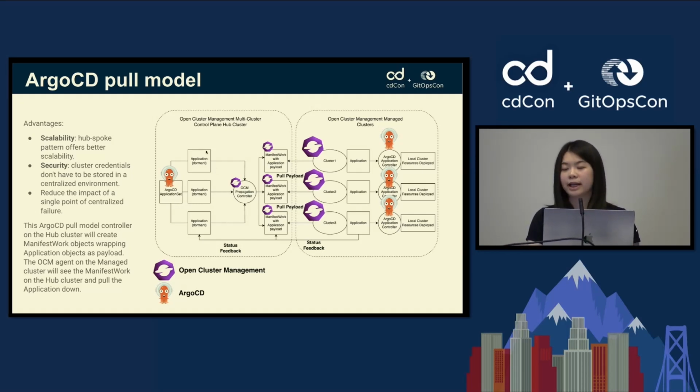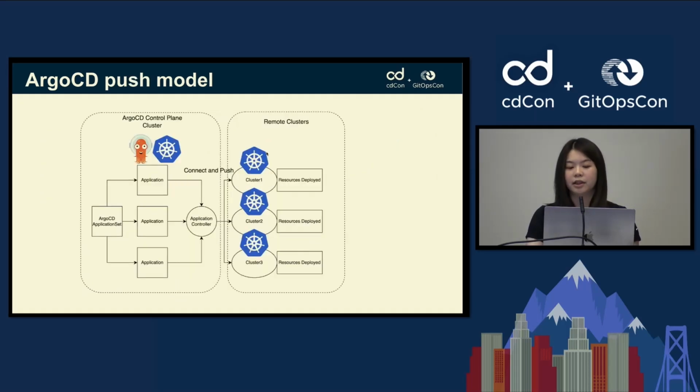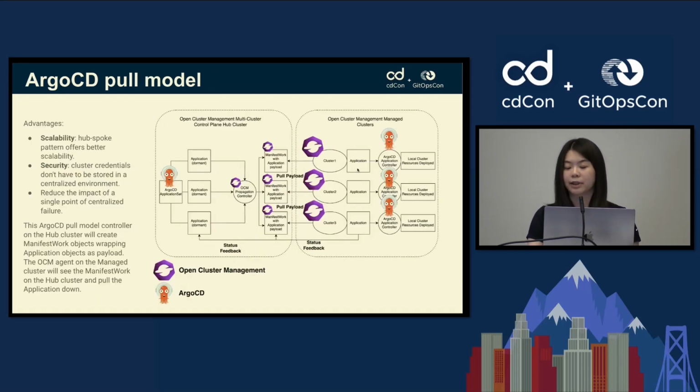But instead of connecting to the managed cluster and deploying resources directly, our OCM propagation controller sees those applications, and it's going to create ManifestWork objects, wrapping the application objects as payload. And our agent on the managed cluster is going to see them and pull the application from the hub to the managed cluster. As you recall in the previous slide, there were no applications on the managed cluster. But now we have each application on each managed cluster.